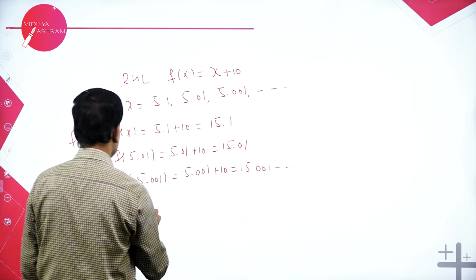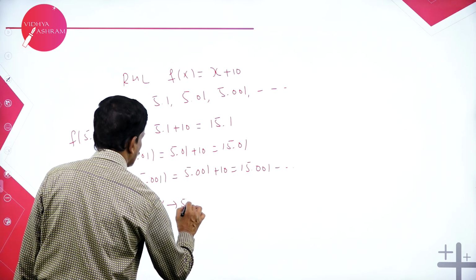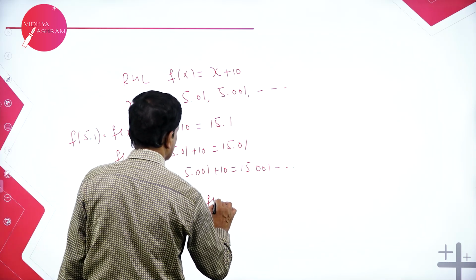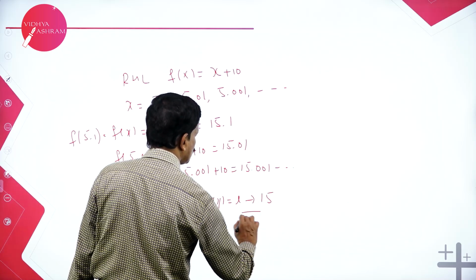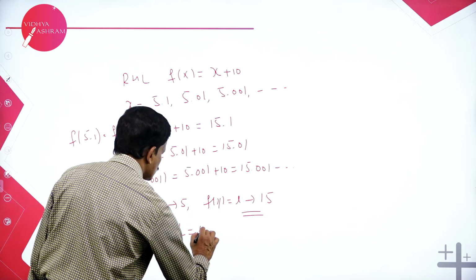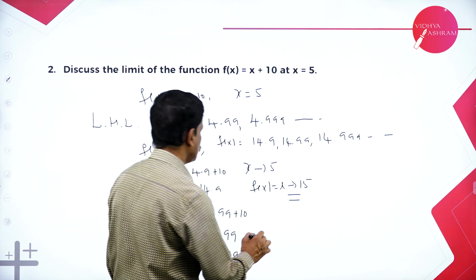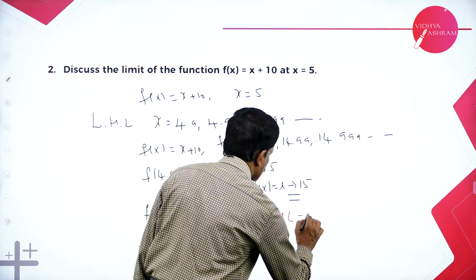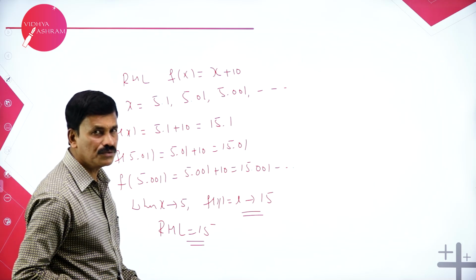So what do you say from this? When x approaches a value 5, this f of x, nothing but L, will approach a value which is nearly equal to 15. So we can say that the right hand limit is equal to 15. Here the left hand limit is also equal to 15, and the right hand limit is also equal to 15.